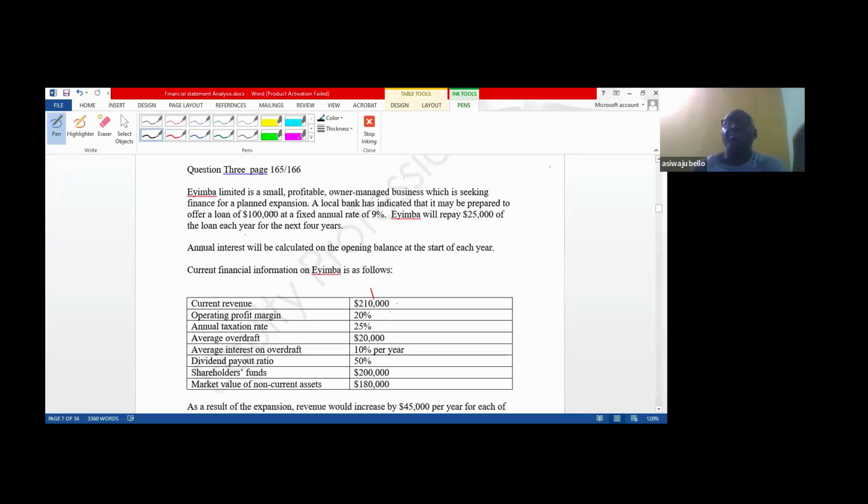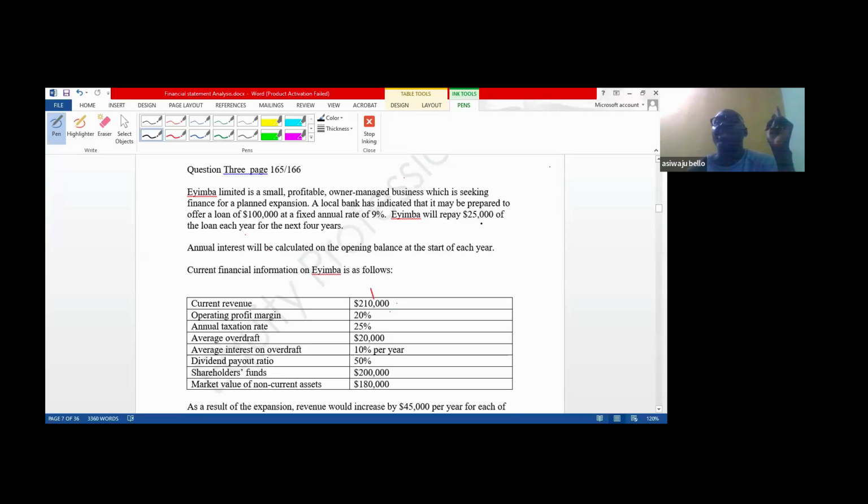Enyimba Limited, a small profitable owner-managed business, is seeking finance for a planned expansion. A bank has indicated that they would be prepared to offer a loan of $100,000 at a fixed annual rate of 9%.